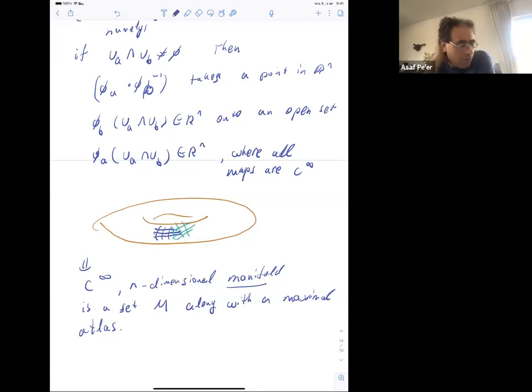So one that contains all possible compatible charts.